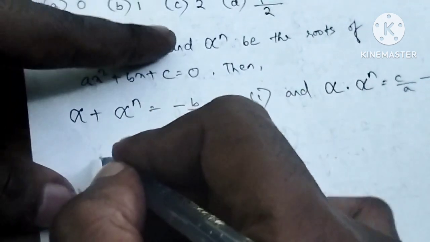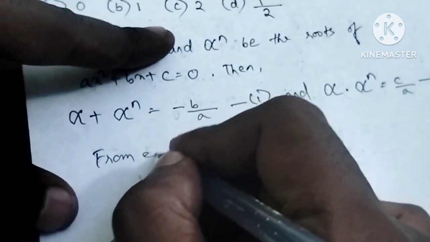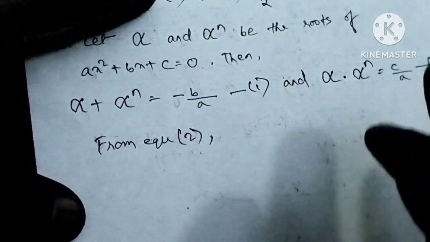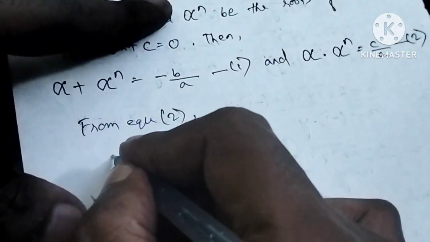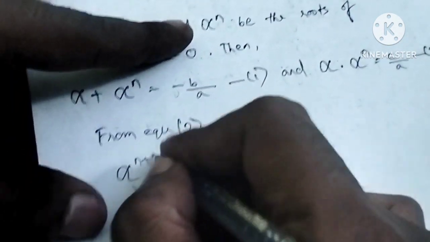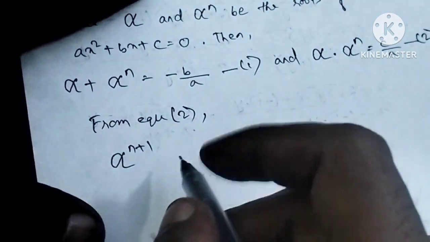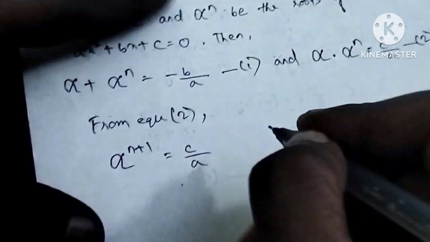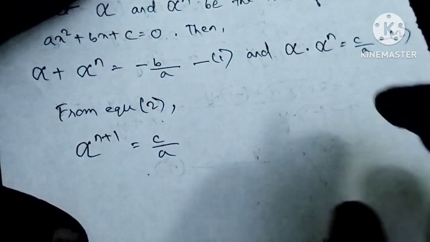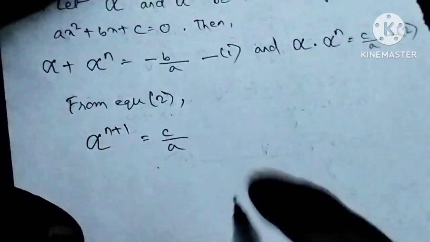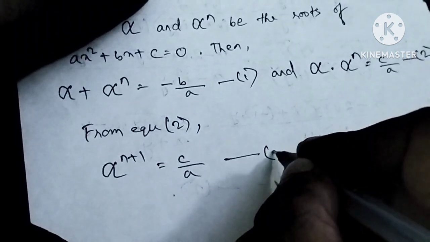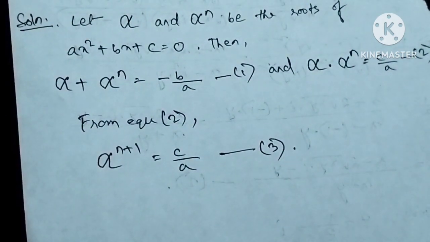So from equation 2 we can write that, since both the bases are the same, alpha to the power n plus 1 or 1 plus n is c by a. We can write from equation 2 alpha to the power n plus 1 is equal to c by a. Name it equation 3.